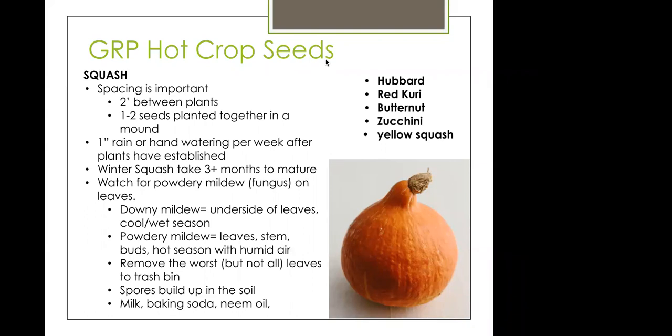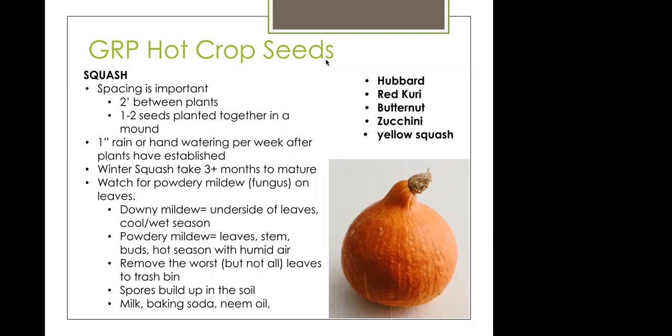But for planting and spacing, in your planting instruction hot crop document, which we give out with each of the distros, we have an overview of transplanting and how to plant transplants and seeds. That will be sent to you all in an email.